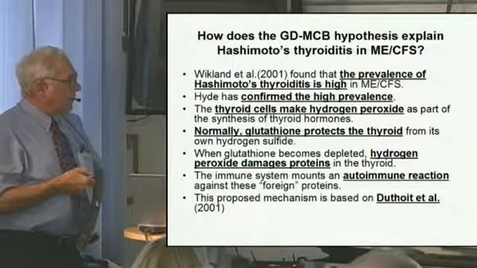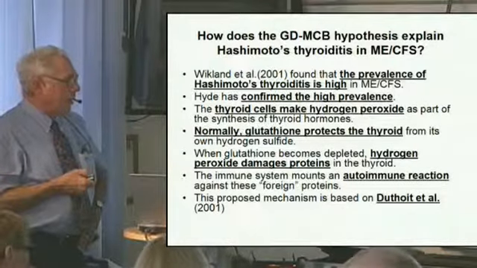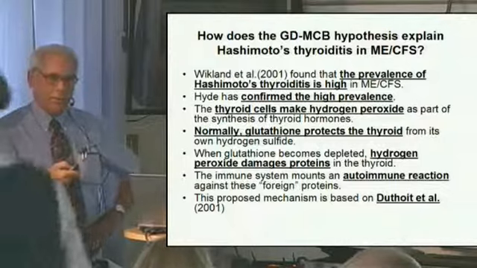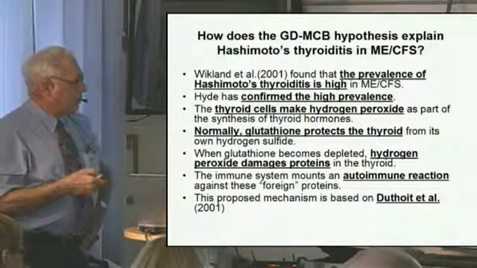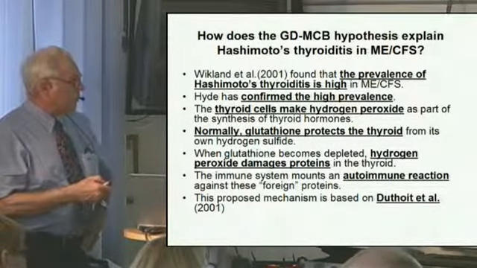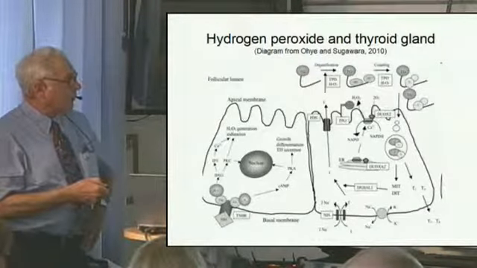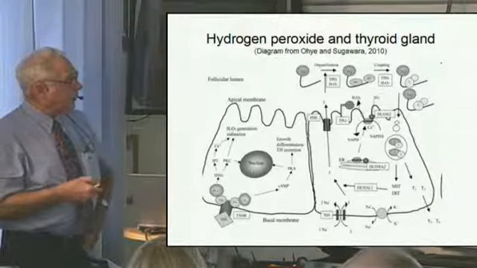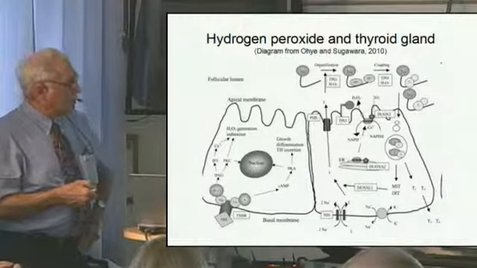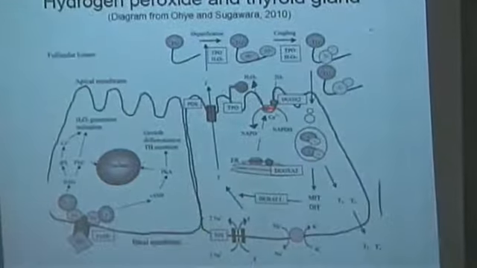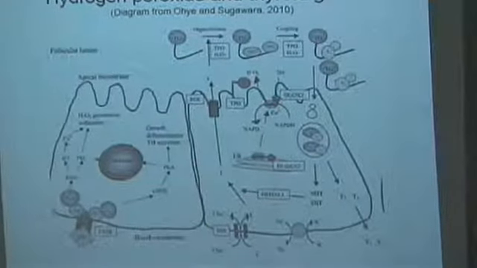Now, the thyroid cells normally make hydrogen peroxide as part of the process for making the thyroid hormones. They manufacture it. I'm going to probably move on to the slide that shows the picture there, and then I'll try to cover these things as I get there. Okay, so here's the thyroid gland, and the cells from the thyroid, and the thing I want to mention here is this enzyme right here produces hydrogen peroxide, and it's pushed outside the cell.